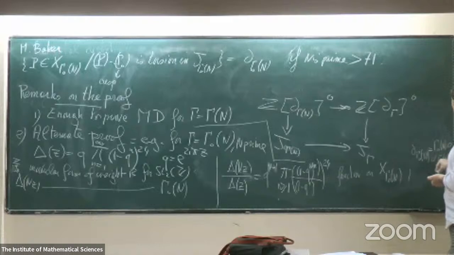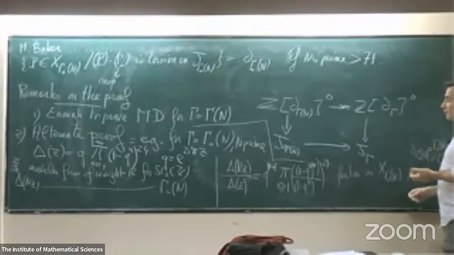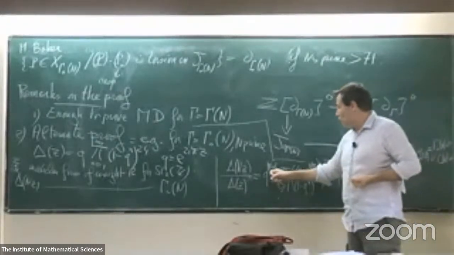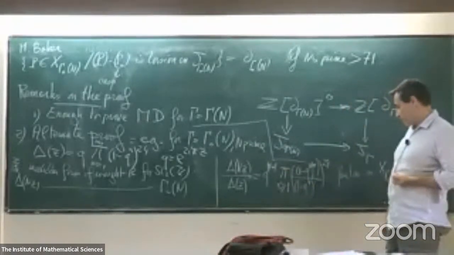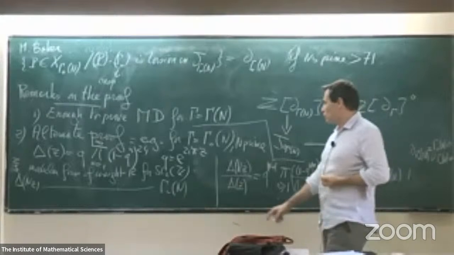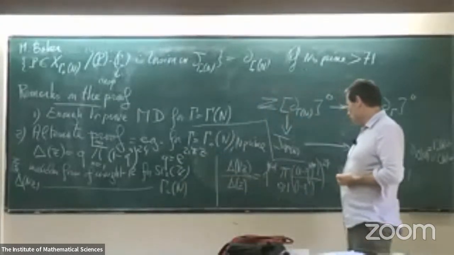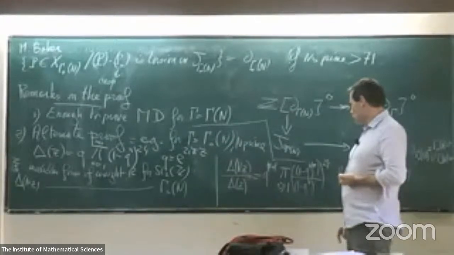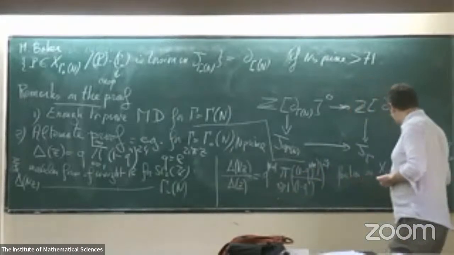So the divisor of the function has to be concentrated on those, and it is of weight 0, so it can only be a multiple of the divisor 0 minus infinity. You can find out easily what it is, because if you let z go to i infinity, q goes to 0, so the function has a zero at infinity, and it has to have a pole at the other cusp.